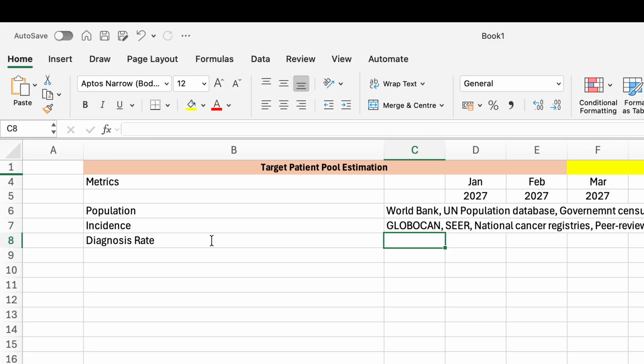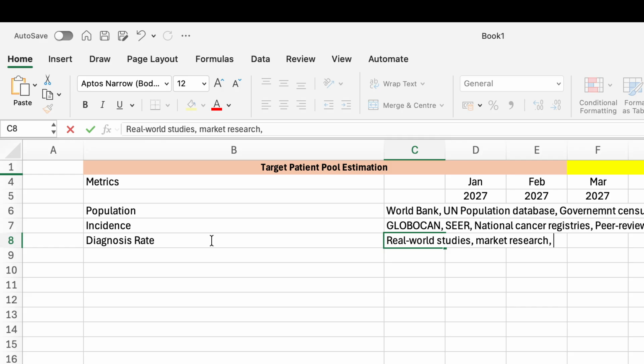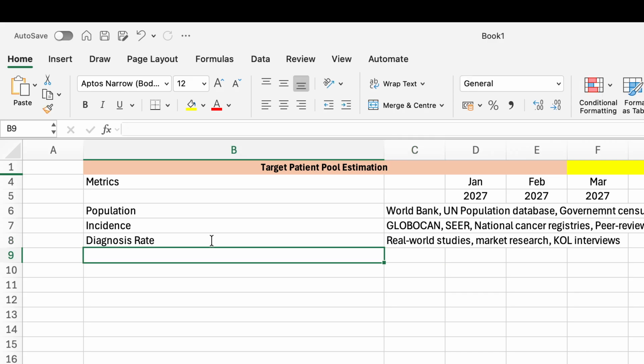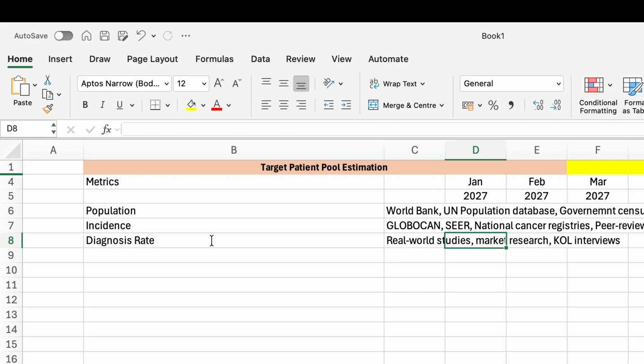So for the diagnosis rate, we mainly rely on real world studies, on market research, and sometimes key opinion leader interviews.